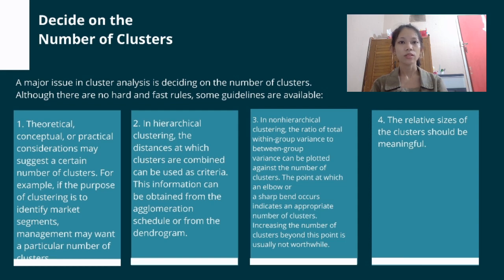The point at which an elbow or a sharp bend occurs indicates an appropriate number of clusters. Increasing the number of clusters beyond this point is usually not worthwhile. 4. The relative size of the clustering solution.